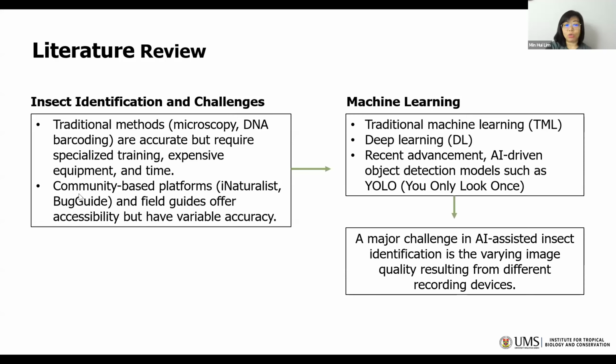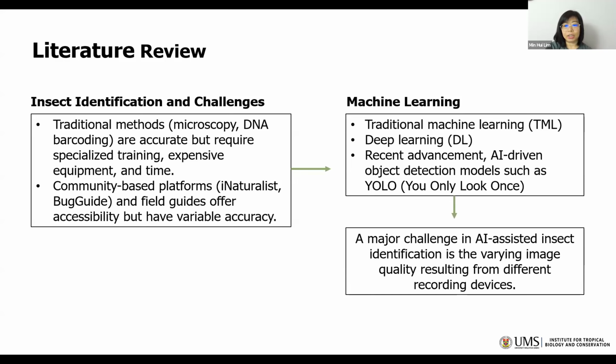But there are also alternatives like community-based platforms, iNaturalist, BugGuide, or field guides that offer accessibility but have variable accuracy. In the deep learning space, there are options of traditional machine learning and deep learning, and the recent advancement in machine learning is actually YOLO, You Only Look Once.